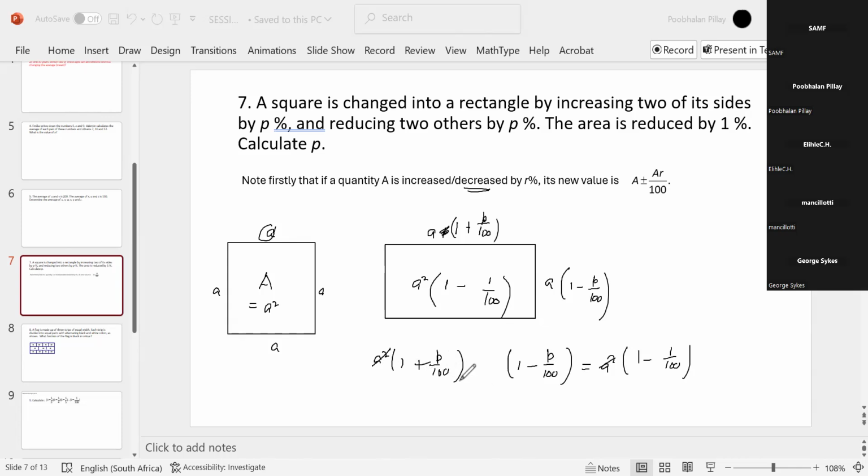1 plus P over 100 times 1 minus P over 100. I'm taking into account that there are some learners here who might not be very familiar with symbols, and you are in grade 8. So let's just talk about this. This is very important. I can eliminate this picture here.